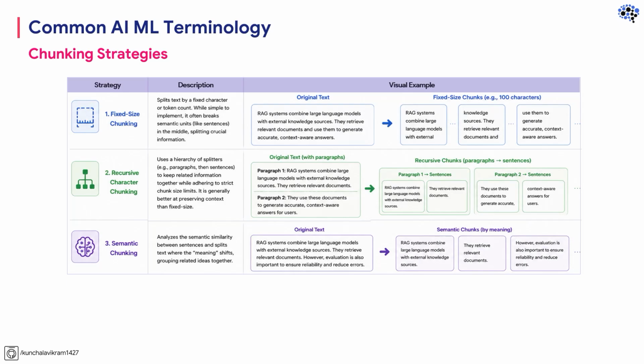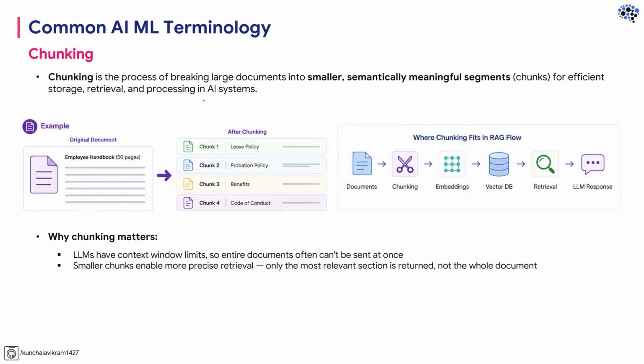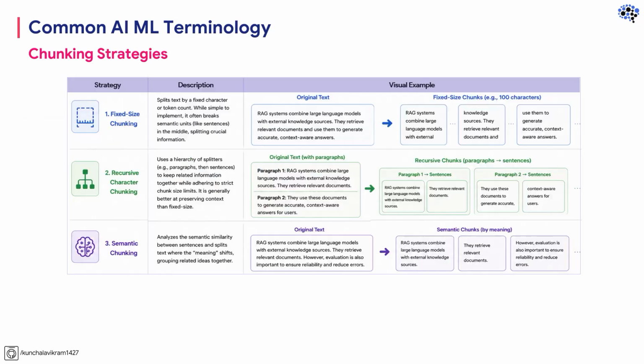Now coming to chunking. As we already discussed, if it is a 50 pages PDF, I can take one page and call it a chunk, but it may not be true all the time. For example, one of the chunking strategies is fixed size chunking, where I take a document and break it into chunks based on the number of tokens.